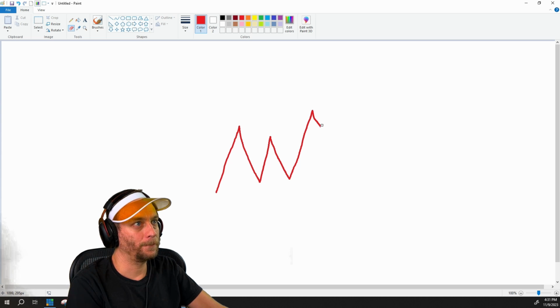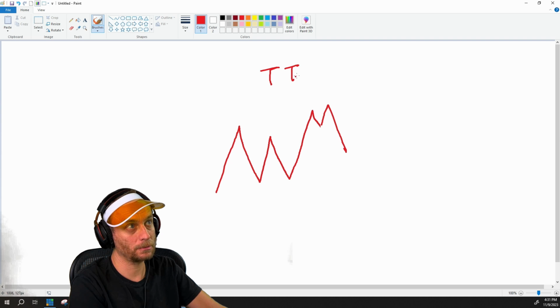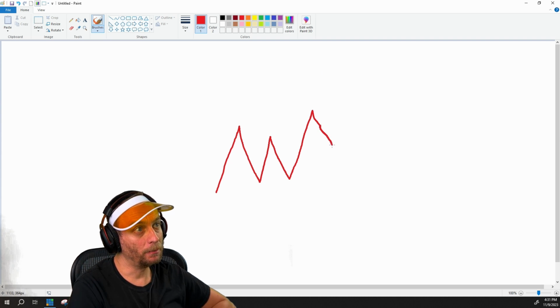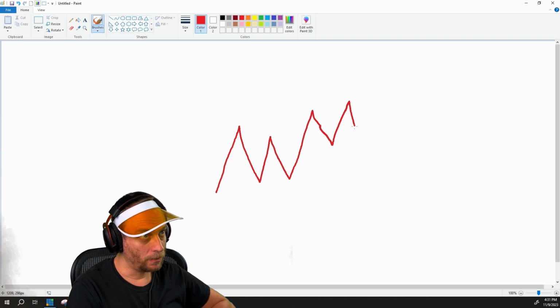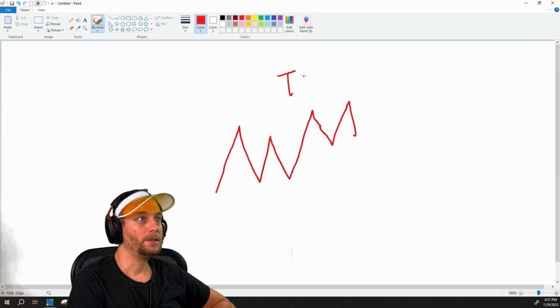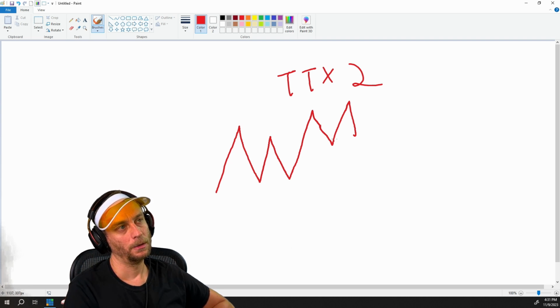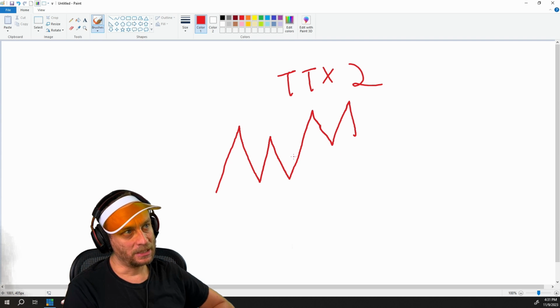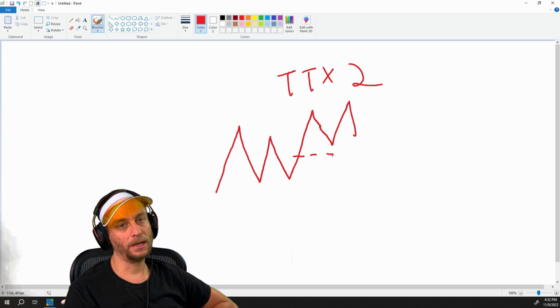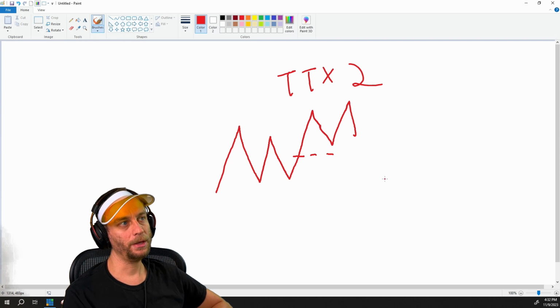So again, it does this and then it could go down. Well, this is still a TTX 1. However, if they can pull it a bit deeper in, and then do this, then it would be TTX 2. All right. So does it need to be the midpoint? Not necessarily. It depends how tall the range is.